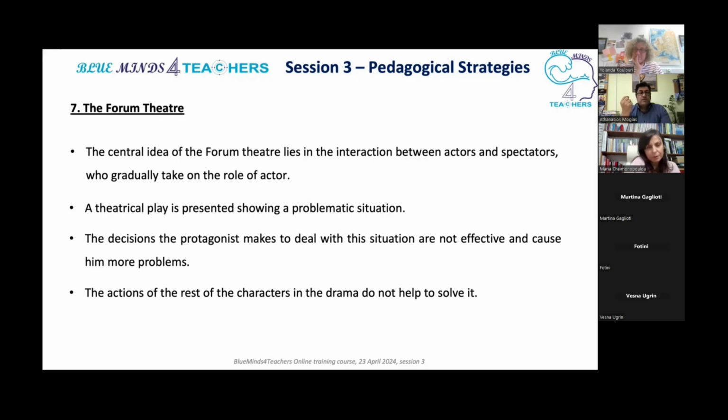The decisions the protagonist or the protagonists make to deal with the situation are not effective. And these decisions cause them more problems than they try to solve. So the actions of the rest of the characters in the drama do not help to solve them.